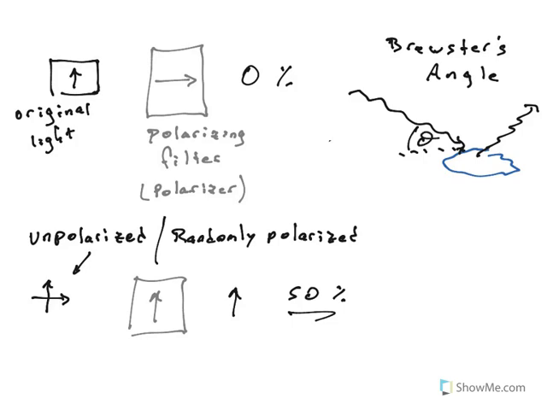And for a very special angle called Brewster's angle, if the light from the sun comes in at this angle, then all the light that comes out from the reflection is polarized in a single direction. And so if you have your sunglasses, which are polarized in the opposite direction from whatever this reflection polarization is going to be, then all of that reflected light will be blocked by your sunglasses.